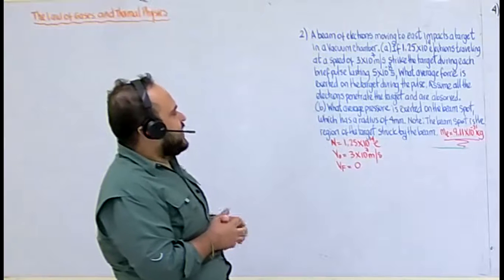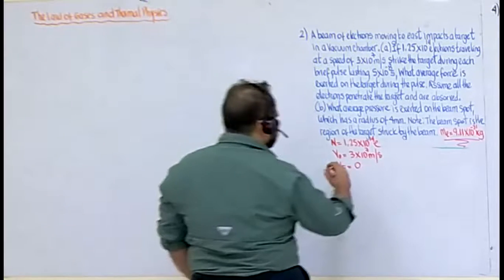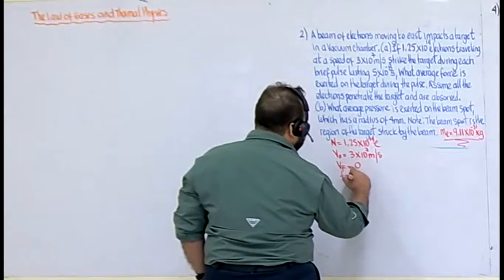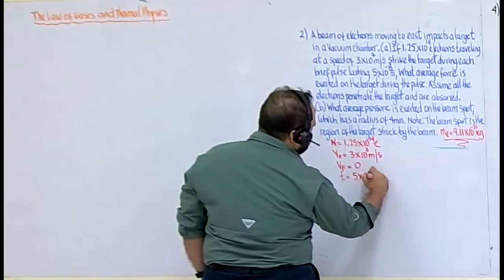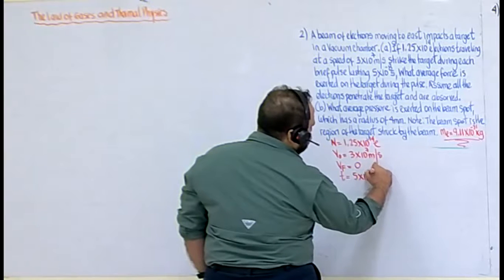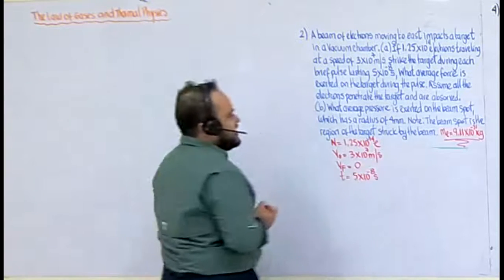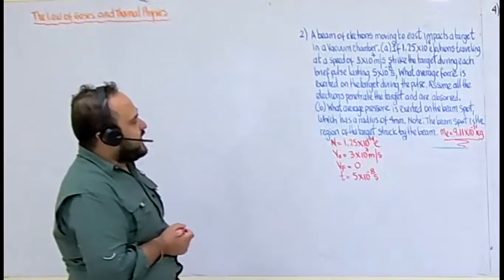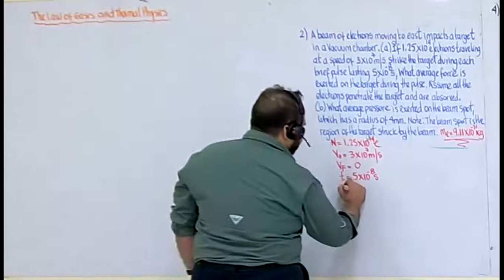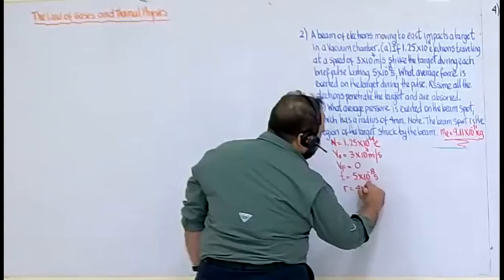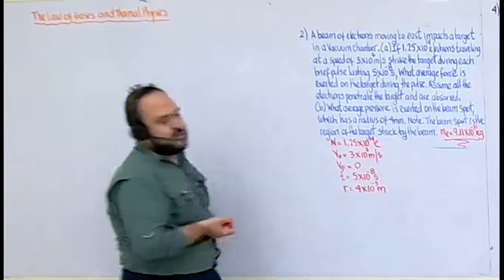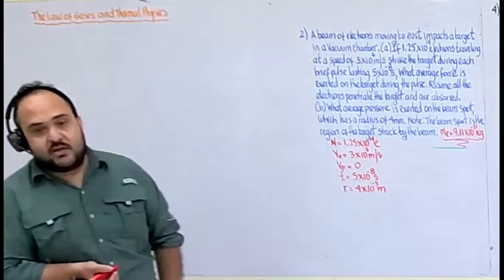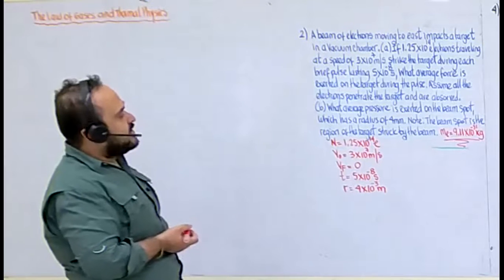Okay, after that we have the period of time. The period of time for the problem is 5 times 10 to the negative 8 power seconds. And also we have a radius of 4 millimeters or 4 times 10 to the negative third power meters, because remember the radius is supposed to be given in meters. And what else?